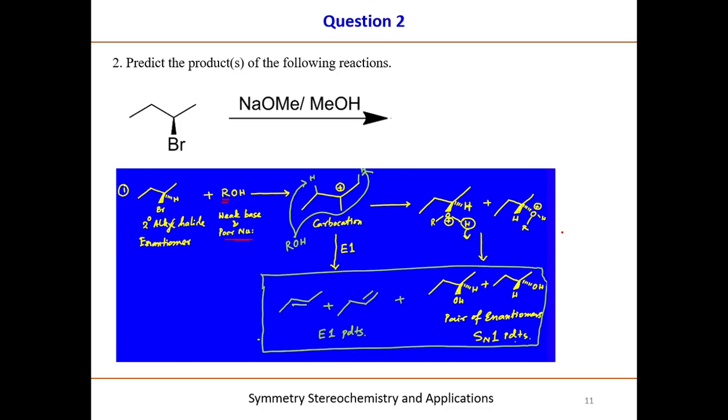The other way is that it will undergo an E1 elimination reaction, by abstraction of this proton and double bond formation here. The base can abstract this proton, or it can abstract this other proton. Depending on the abstraction, we will get two products here.